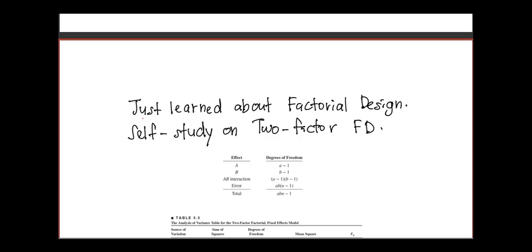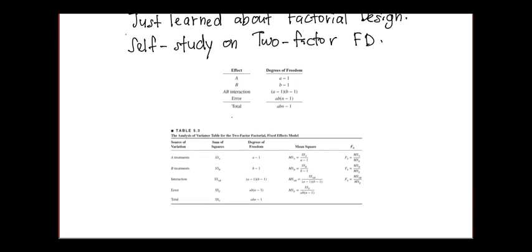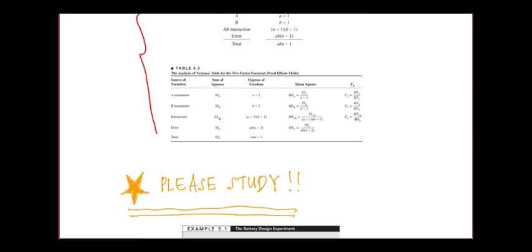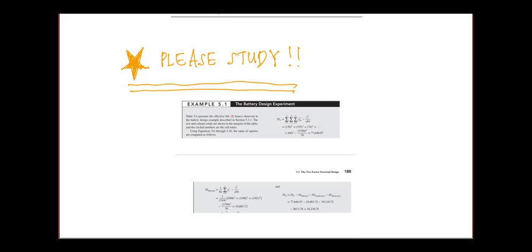So by this, you have seen an example related to the factorial design. We had 2 factors with 2 levels. To see more examples, please go to the textbook and see this example. This table is the detail of the calculation. We will discuss more about the ANOVA table next session, but you may study that.